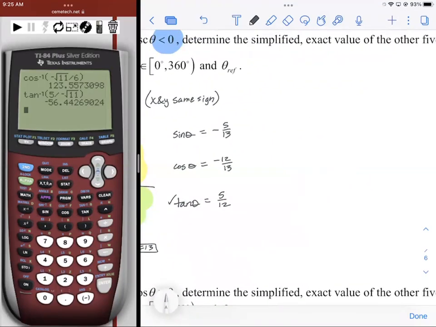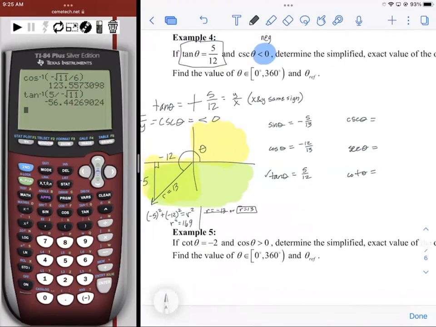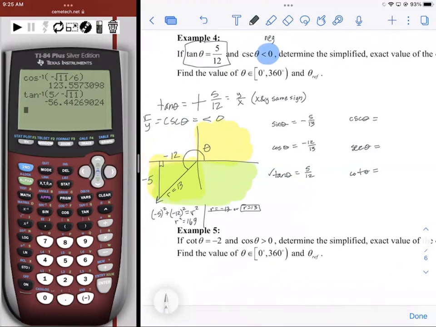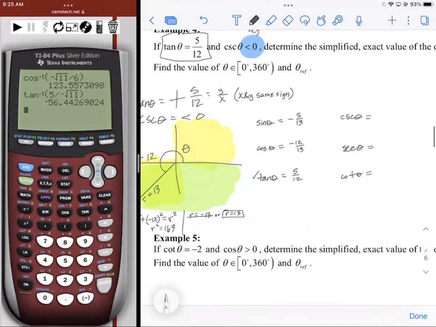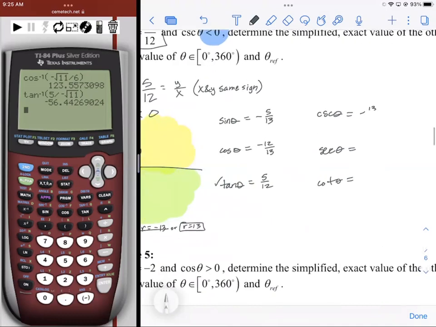And in the second column, we have the reciprocals: cosecant of theta, secant of theta, and cotangent of theta. I would again say pull them off the triangle. Don't just flip the first column. Cosecant is r over y, so that's 13 over -5, or -13/5. And that is the reciprocal of sine.